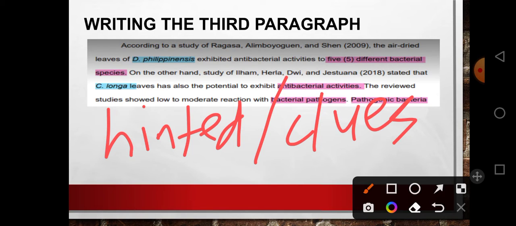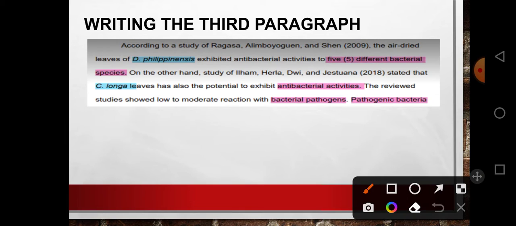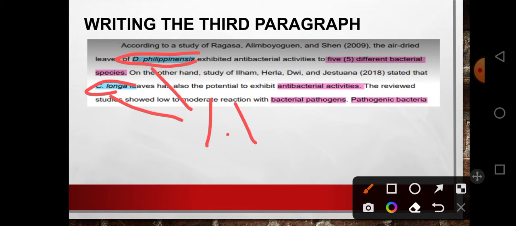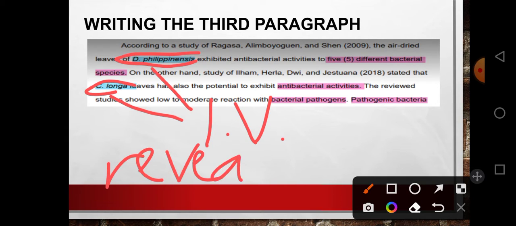However, class, let's take a look at the words highlighted in blue. We have Dillenia philippinensis and Curcuma longa. These are the scientific names for Catmon and turmeric respectively, and these are the independent variables. So can we say that the first part of the third paragraph already revealed the IV?